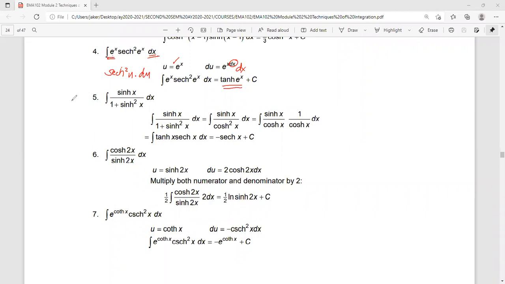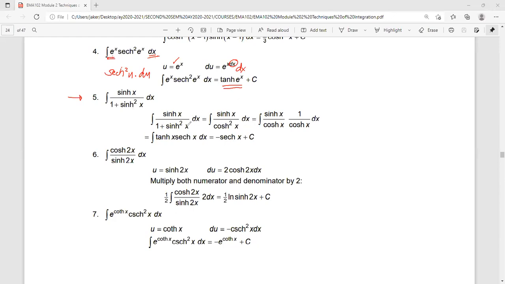Now, number 5 illustrates the use of the identity, which I have shown to you before the formulas for integration. In those identities, you will see that the sum of the hyperbolic sine squared of x and 1 is the hyperbolic cosine squared of x. Now, you can use either power rule here or the splitting of the hyperbolic cosine in the denominator.